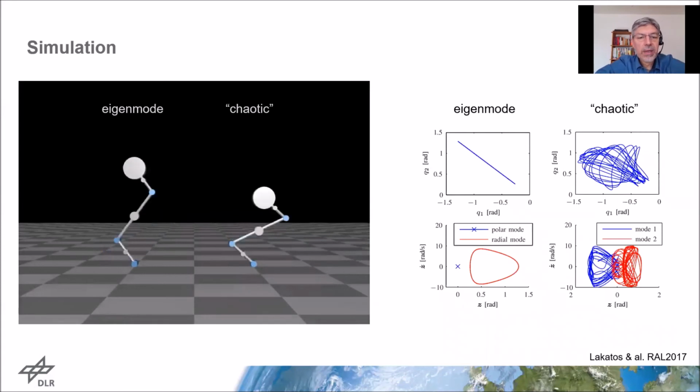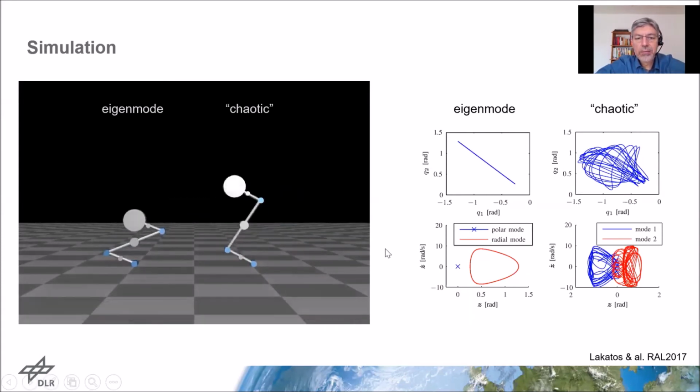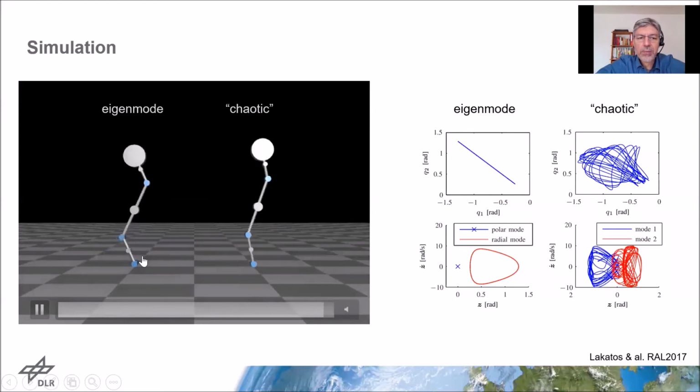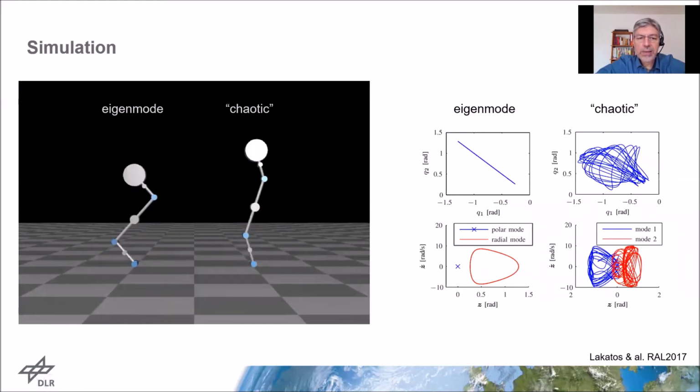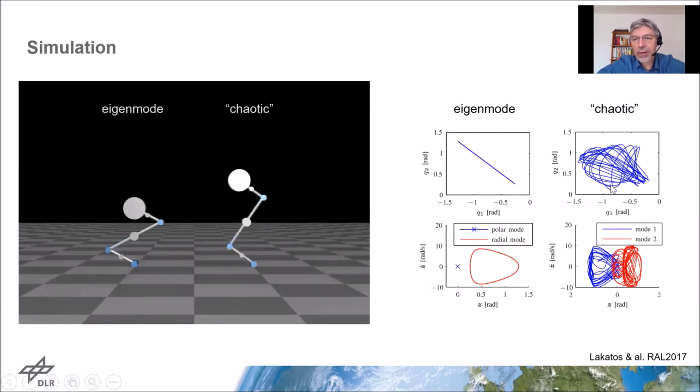And here you see an implementation in simulation where you have a three-segment leg, which is basically a pantographic leg because it has some couplings between the joints. And in case of correct design, you have the vertical line being a strict mode as desired, while if the potential is not well tuned, then you have a quasi-chaotic motion.